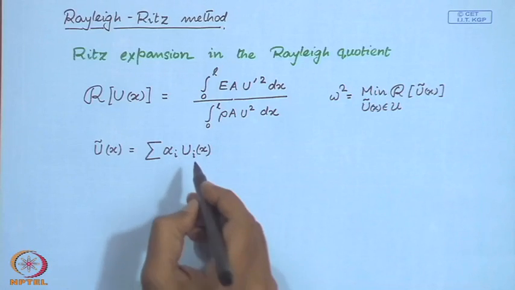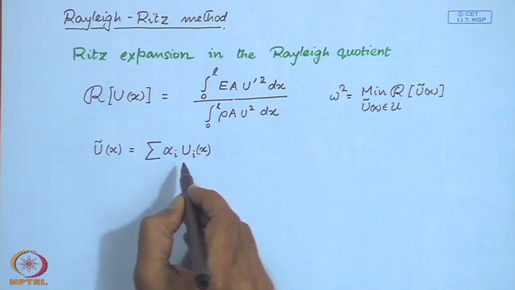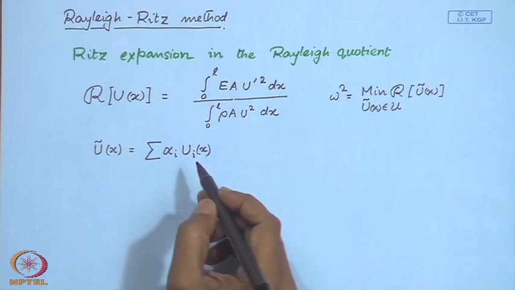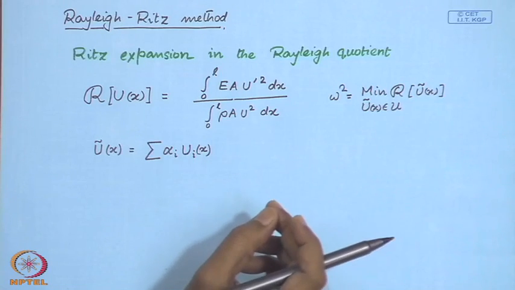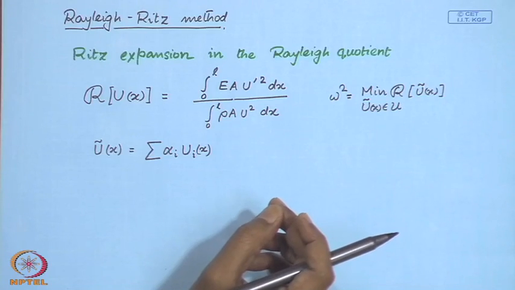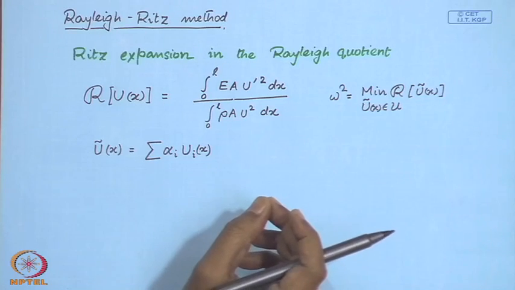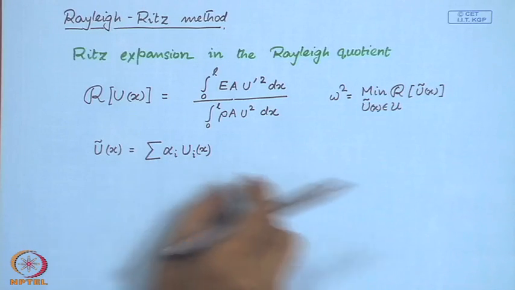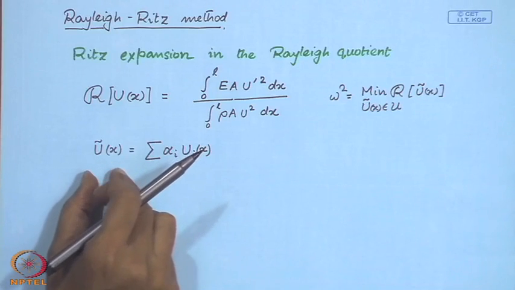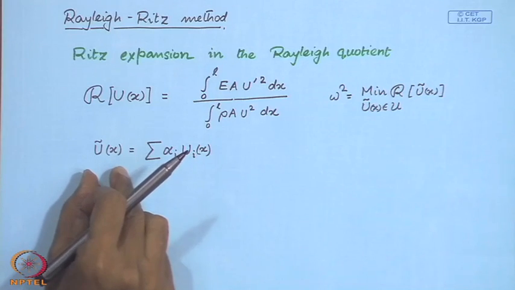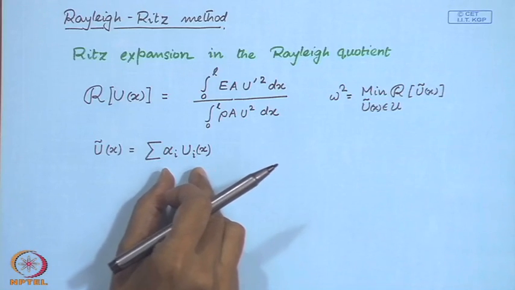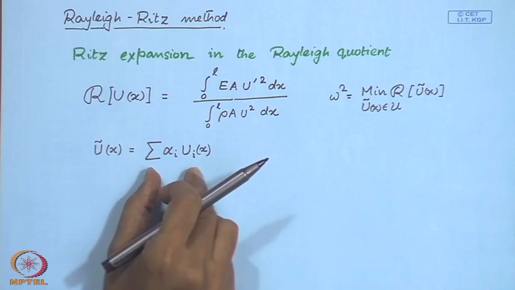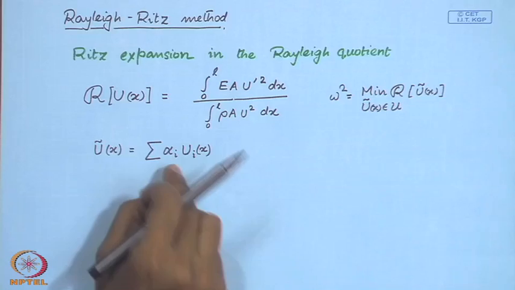So, like in the previous example, in the Rayleigh's method we had kept an unknown parameter alpha. Here we will expand the amplitude function in terms of admissible basis functions and certain unknown coefficients alpha.